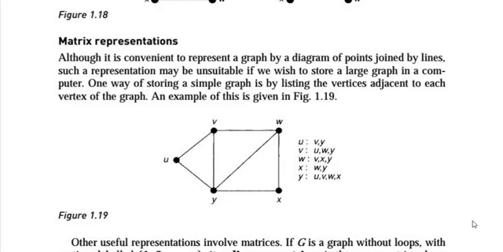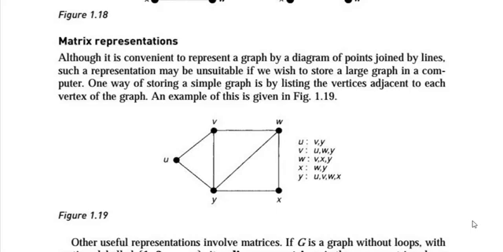Today's lecture, we will see how we can convert a graph into matrix form, and we will also discuss some examples related to matrix representation. They may give you a matrix and you have to convert it into a graph, or they may give you the graph and you have to convert it into matrix form, vice versa.